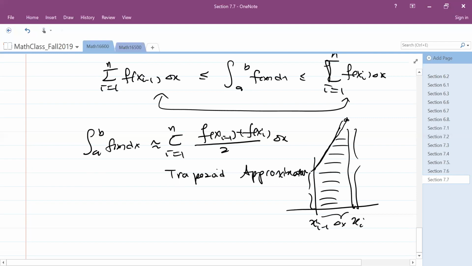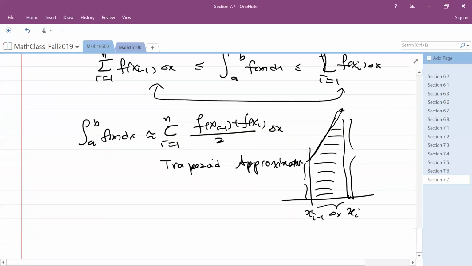We just added those two estimates, the left end point estimate and the right end point estimate, and we found it natural to add them together and divide by 2 to get a better estimate for the integral. Then we combine them, and we find the term in the middle. This product actually is the area of the trapezoid. So it's called the trapezoid approximation.